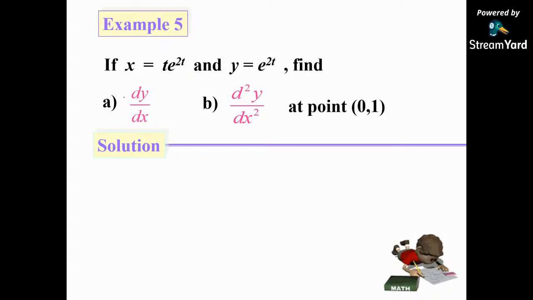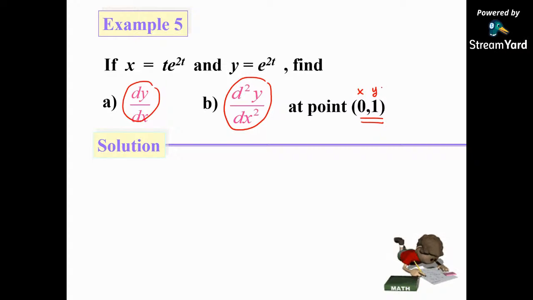Okay, so now the last example, I'll give you some time to try them. So if x is equal to t e to t, and y is equal to e to the power of 2t, find dy over dx and d2y over dx squared at (0, 1). So you are supposed to have some value over here. So the x is 0, the y is 1.